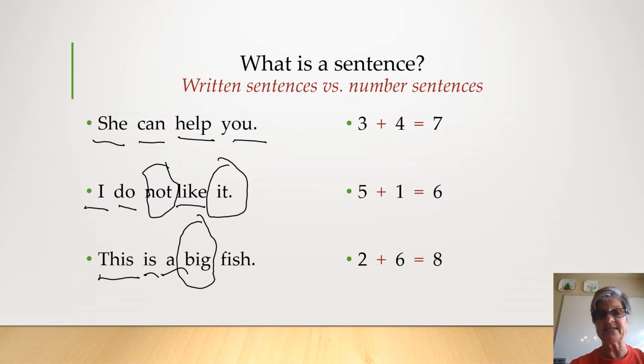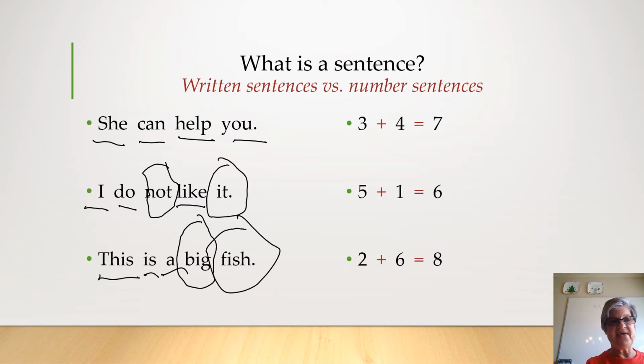So let's try it again. Fish, fish. So that is the word fish. Let's go back and read the sentence. This is a big fish. And that sentence begins with a capital letter and ends with a period because it's a telling sentence. I'm telling you something.